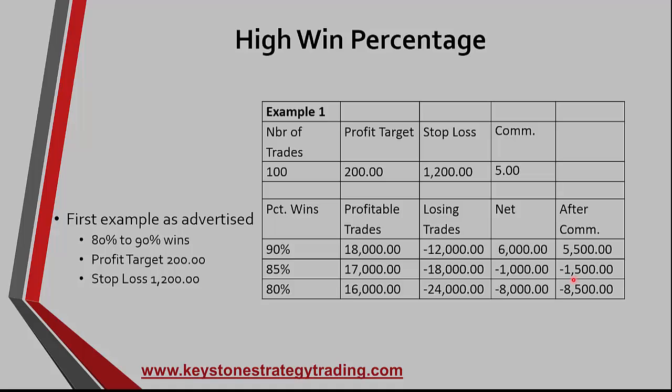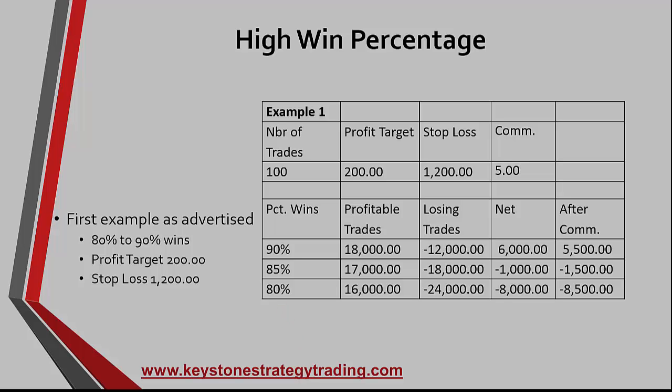Wow, so we quickly went from a profitable strategy to a losing strategy just by dropping the percent profitable down just a bit. Well, we can do the same calculation at 80%. And by doing that calculation, we actually dropped down to negative $8,500. So we lost $8,500 on this strategy if our experience is only 80%.